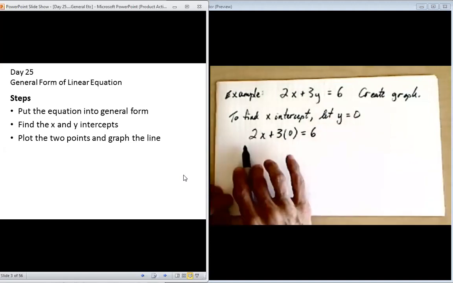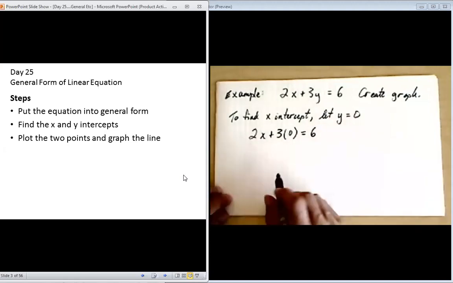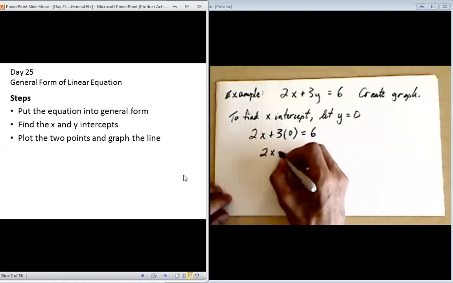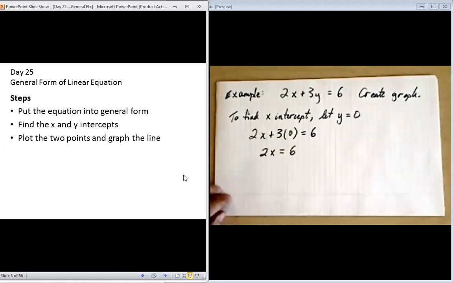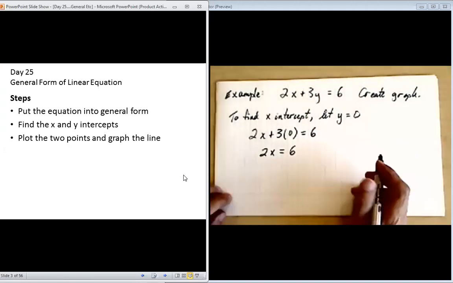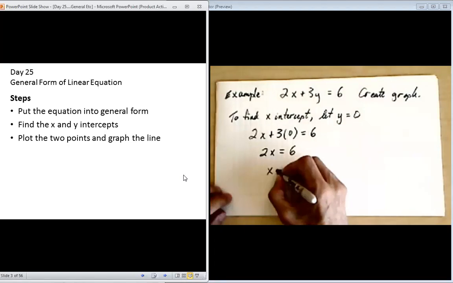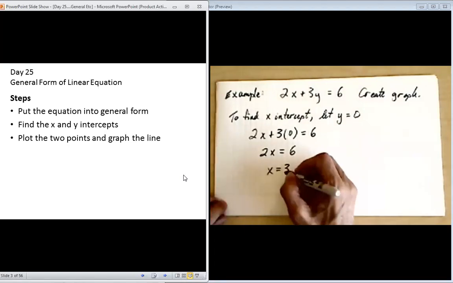So we got here 3 times 0. That's just 0, so that's gone. So we get 2x is equal to 6. Divide both sides by 2. x will equal 3.